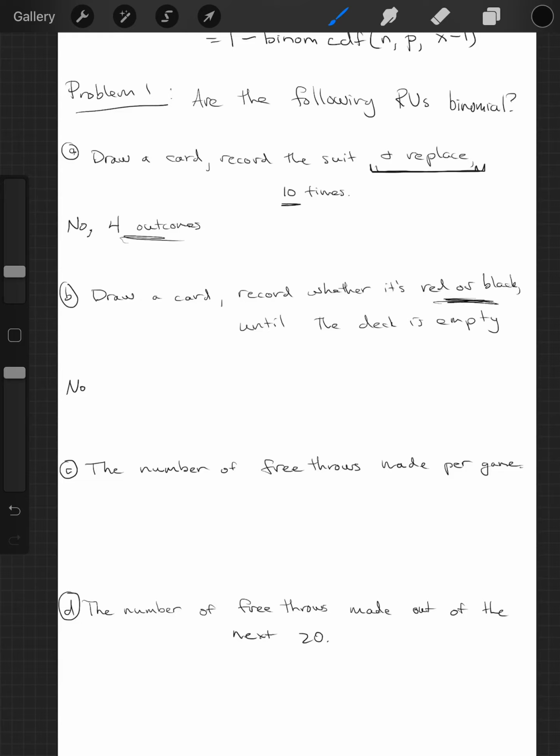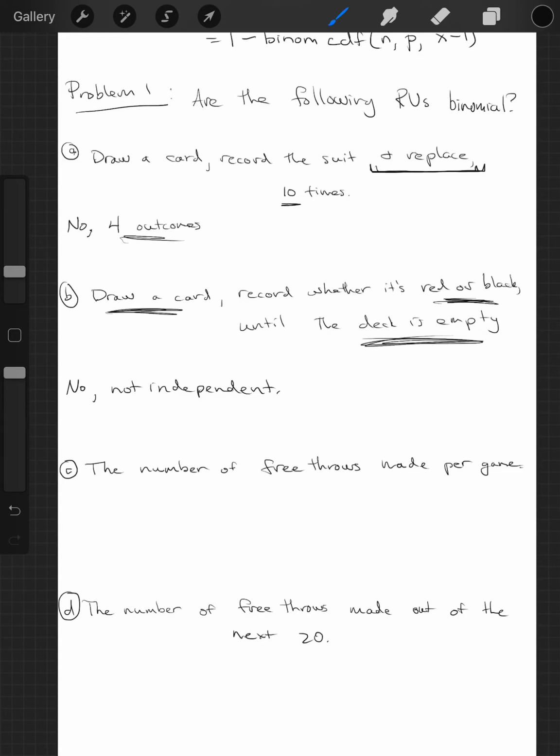This next one is also not a binomial. While there are 2 outcomes, we fixed that part. We've restricted ourselves to red and black. There's a repeated experiment. We're drawing a card, and we're doing it a specific number of times, 52 times. But the fact that we're not replacing the cards means that the trials are not independent.